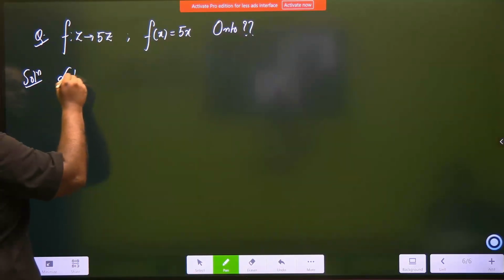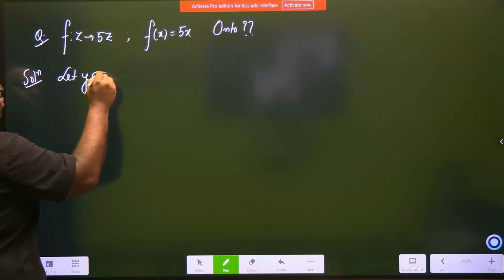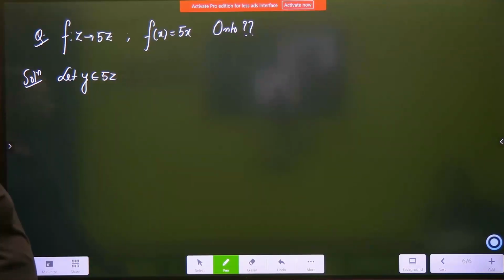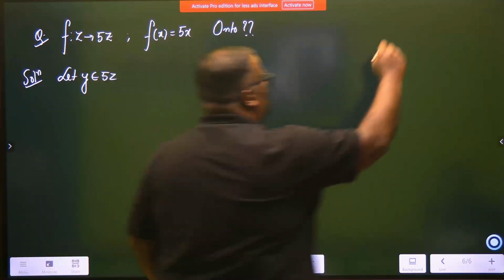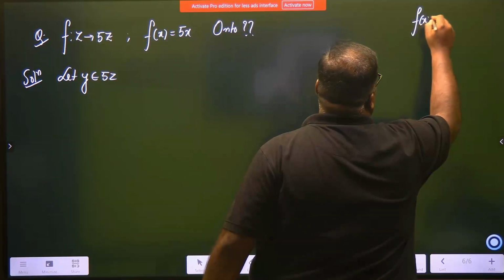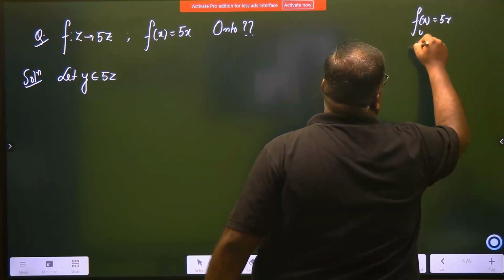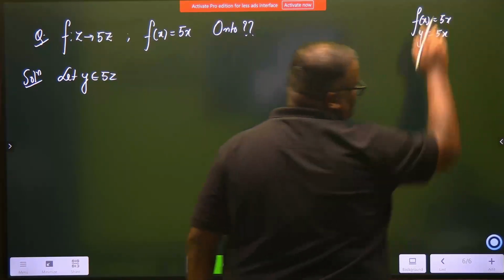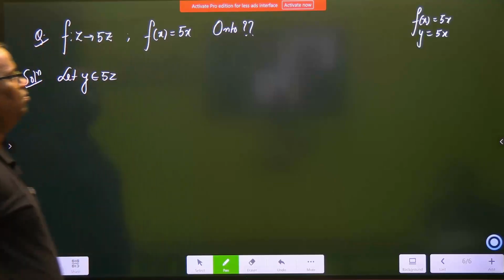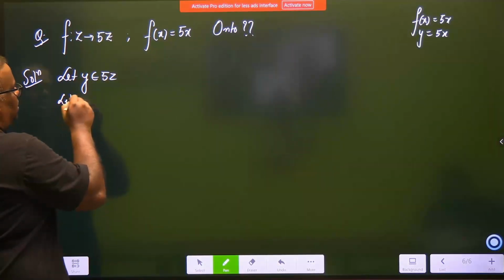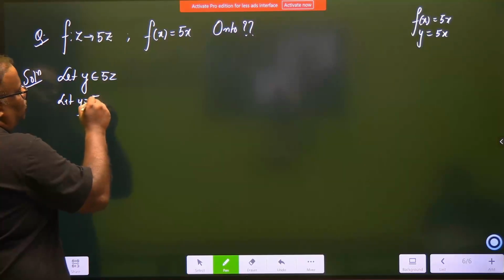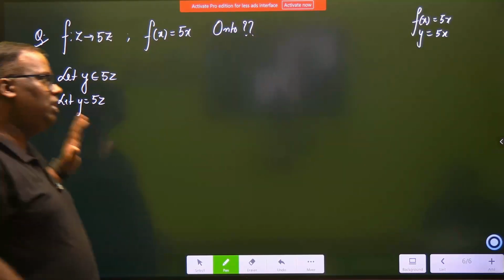Let y belong to 5Z. Okay, f of x is equal to 5x. You also know, children, that whenever we write f of x is equal to 5x, it simply means y is equal to 5x. This is the same thing, right? Let y belong to 5Z and let y be equal to 5x. So what are you doing in this step?